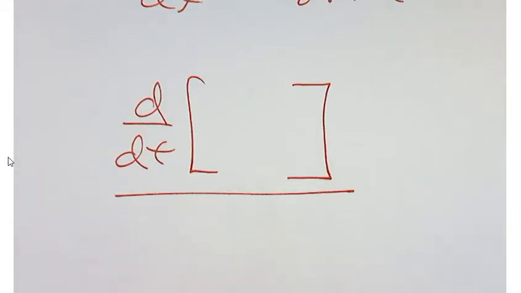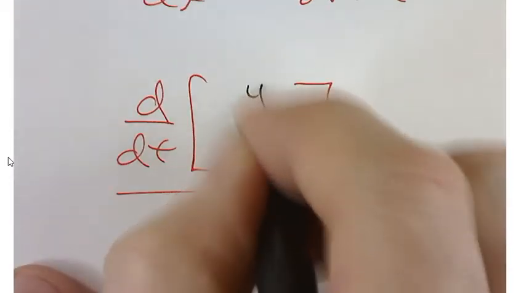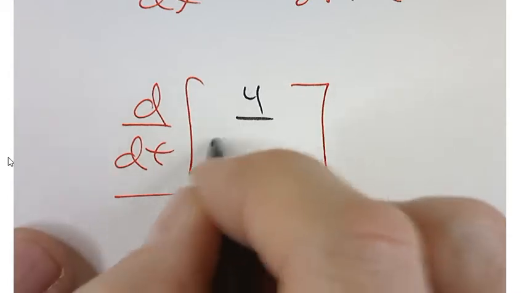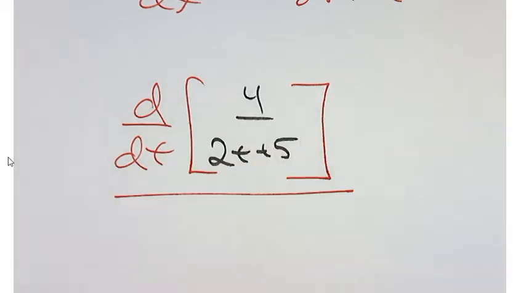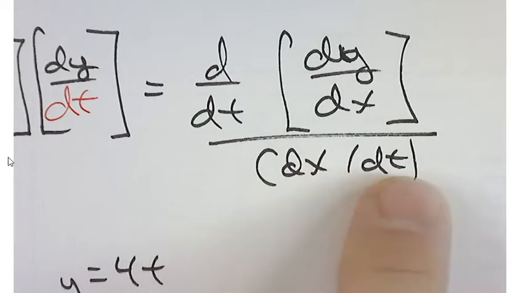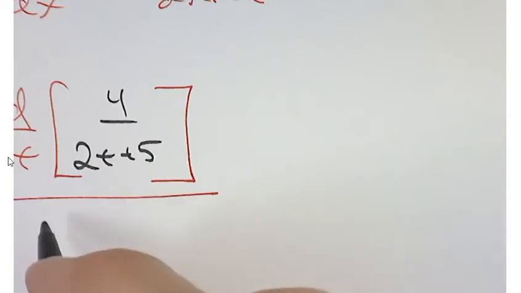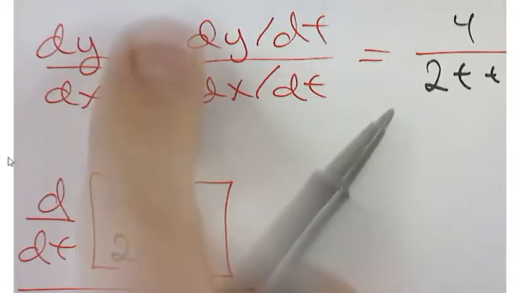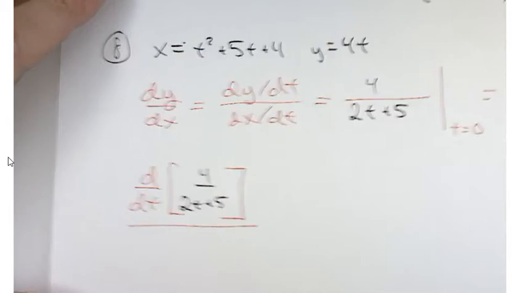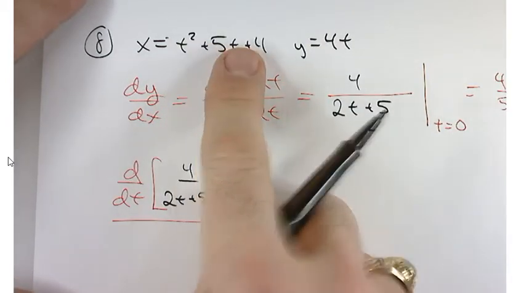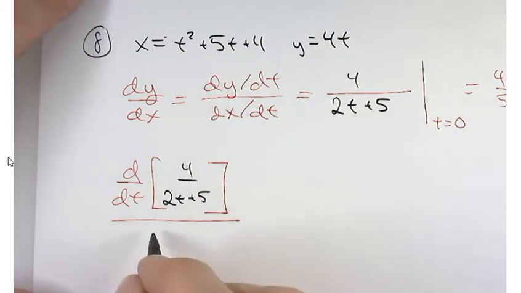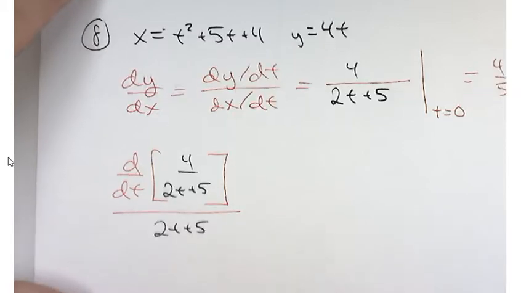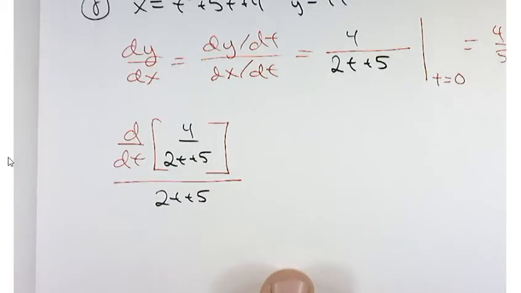So d by dt of 4 over 2t plus 5, divided by dx by dt. So divided by this. Dx by dt, well, we had it before. Here it is, 2t plus 5.